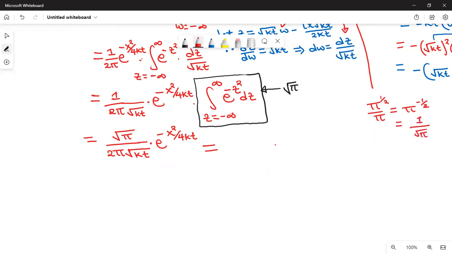So this can now be written as 1 over 2 times the square root of, now there's root pi and also root kt, so I'll combine them under one square root, pi times kt, times exponential negative x squared over 4kt.